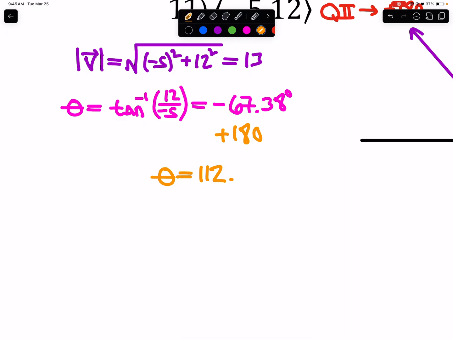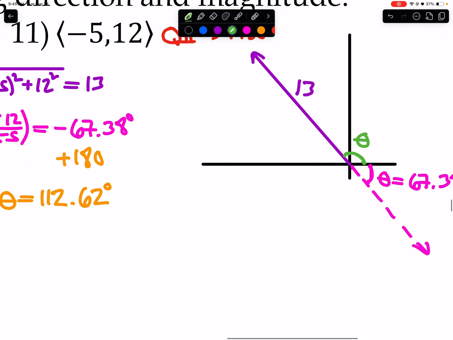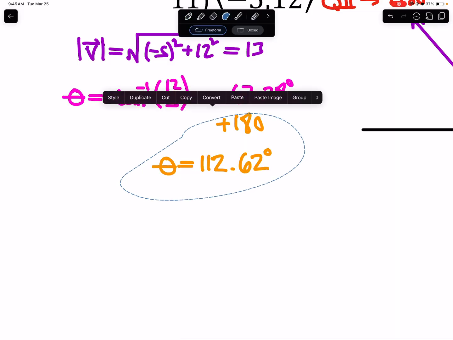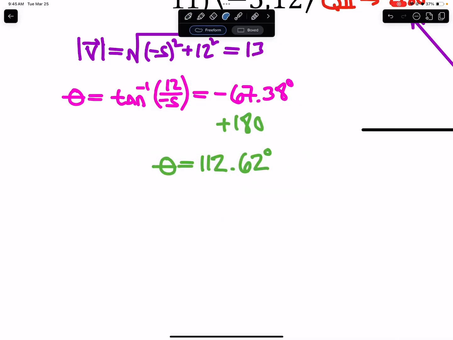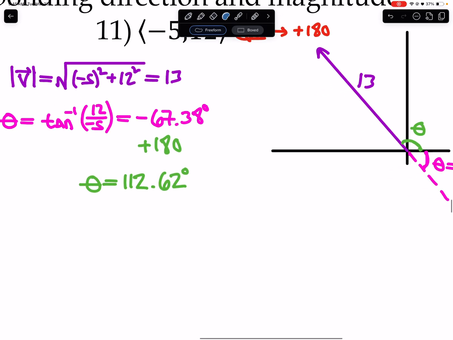So that would just be 112.62. So that would be this angle, which really I should have done this in green. Stay with my colors. There we go. Okay, so in standard position, it's 112.62.